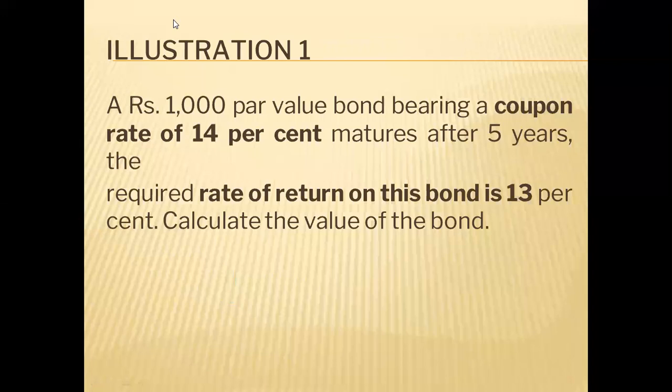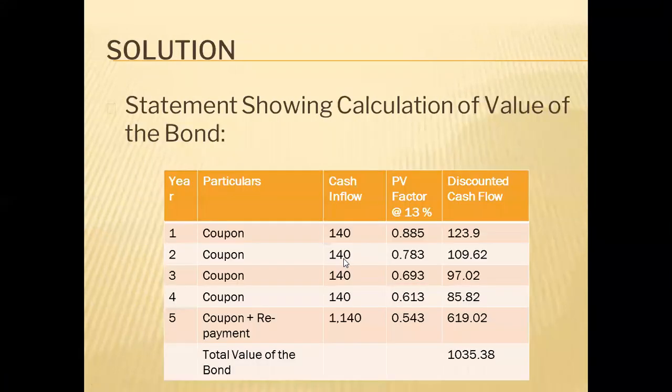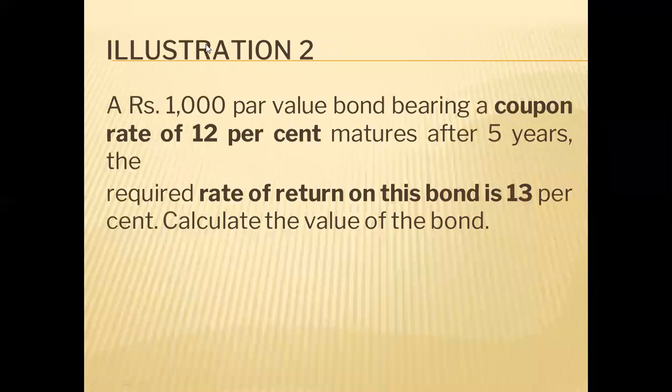Illustration 1C: par value 1000, coupon rate 14 percentage, required rate of return, that is discounting factor, yield 13 percentage. Illustration number 2: par value 1000, coupon rate is 12 percentage. Here we have changed the coupon rate to 12 percentage from the previous 14 percentage. Yield rate we have kept the same, 13 percentage.